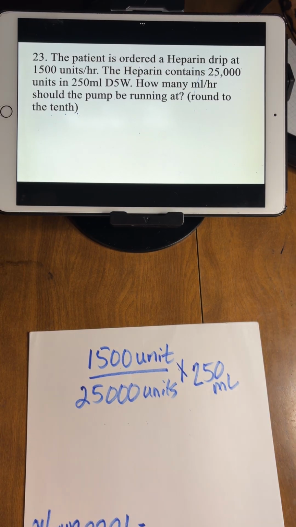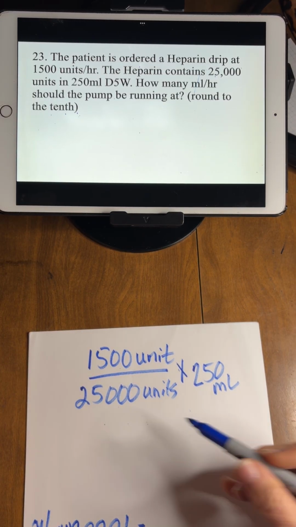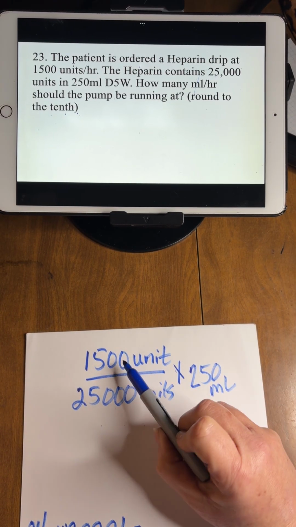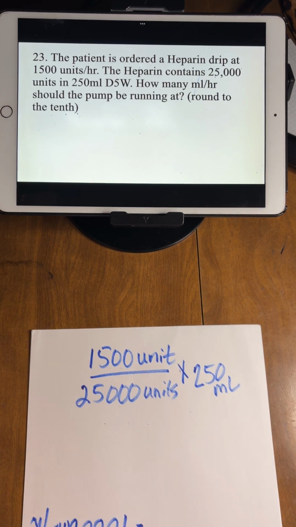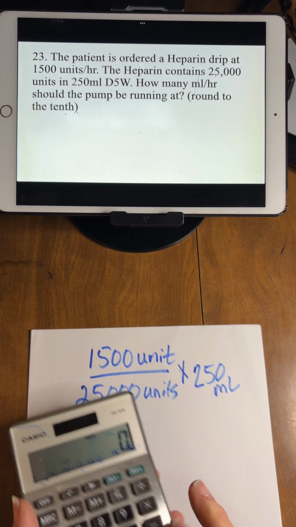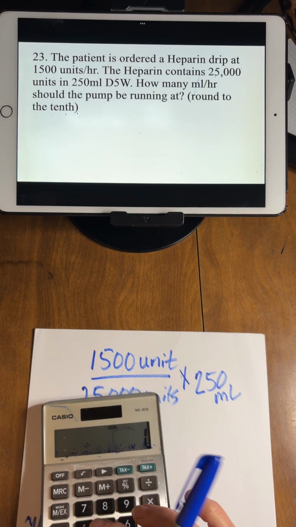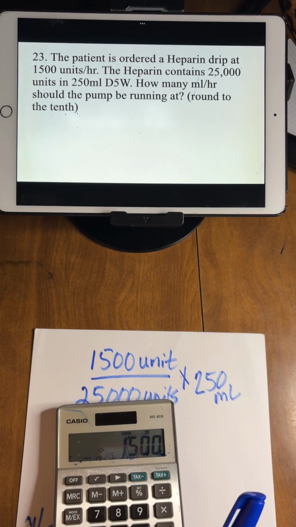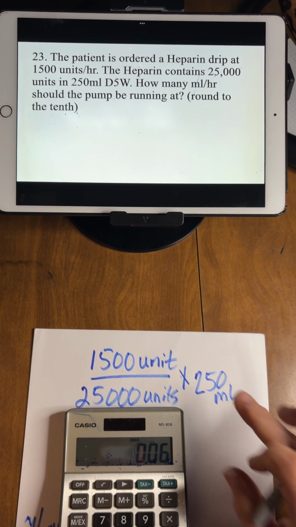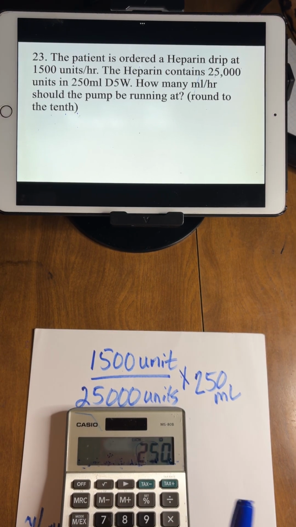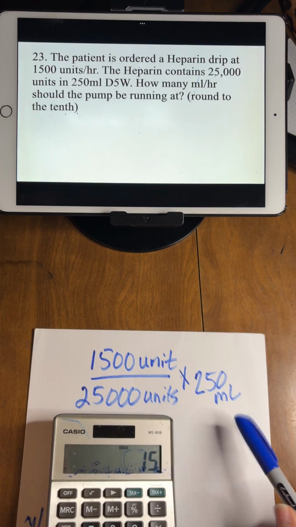Okay, so we're going to do the math. 1,500 divided by 25,000. Let's do it. 1,500 divided by 25, 1, 2, 3. And then we're going to multiply it times 250. And it needs to run.